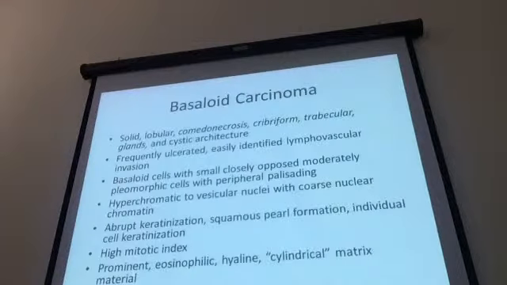Basaloid carcinoma is a very important entity to distinguish because of its behavior, frequently having associated metastasis at the time of identification. And there are several things to recognize with this. The basaloid cells with peripheral palisading, abrupt keratinization with small pearls, maybe even comedonecrosis, and a very high mitotic index.